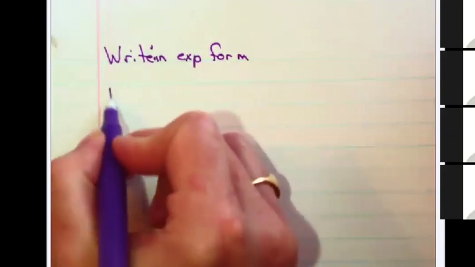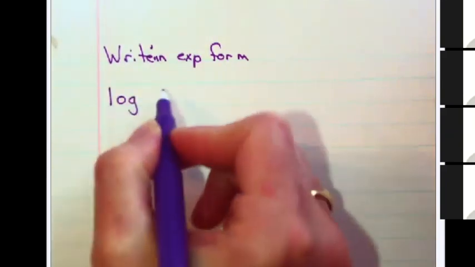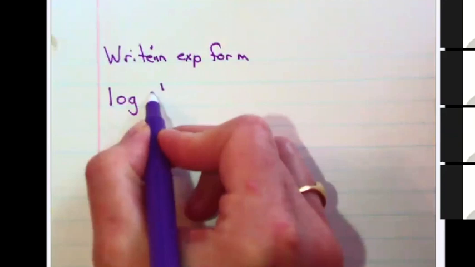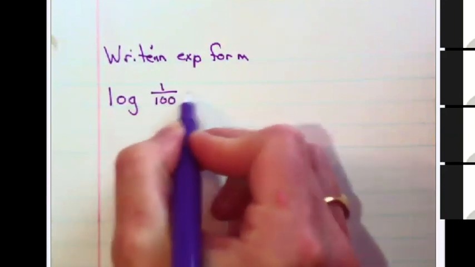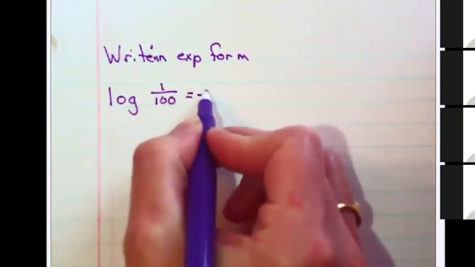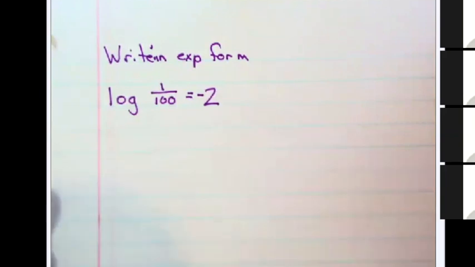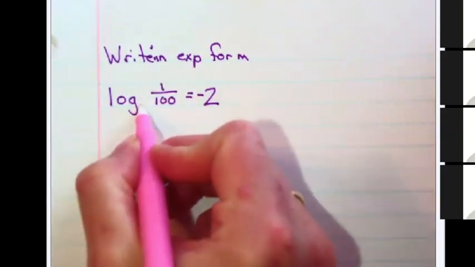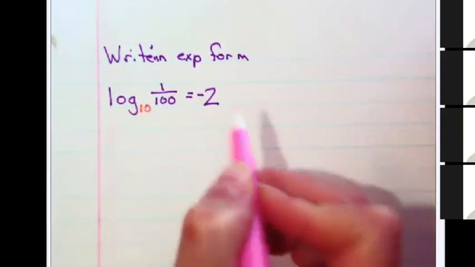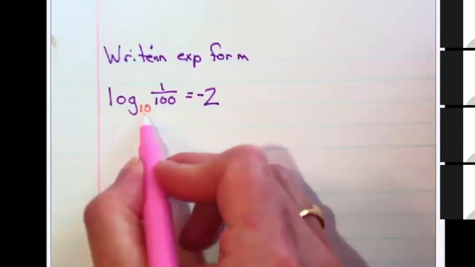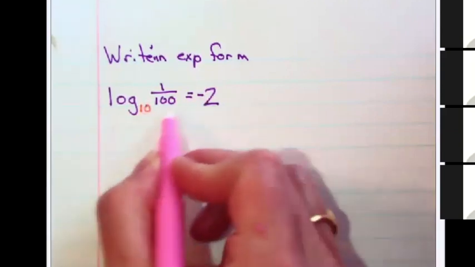So if we have log of 1 over 100 is equal to -2, and we want to change that to exponential form. So instead of having a logarithm in it, we want it to be an exponent. Remember, the default here is 10. If there's nothing there, the base is 10. So remember, this is the base, this is the exponent, and this is the answer.